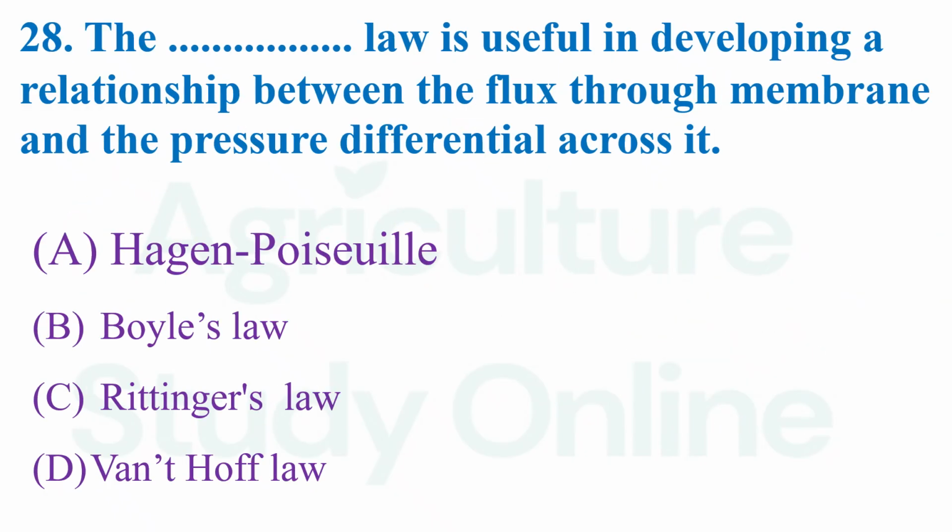Question number 28. Dash law is useful in developing a relationship between the flux through a membrane and the pressure differential across it. So basically it is Hagen-Poiseuille's law, which describes how a fluid flows through a capillary or the pores under the pressure difference.